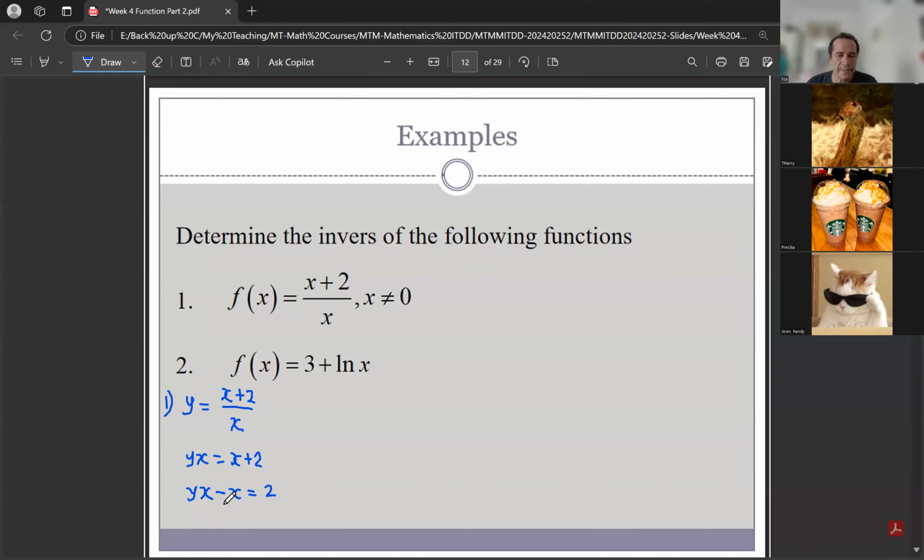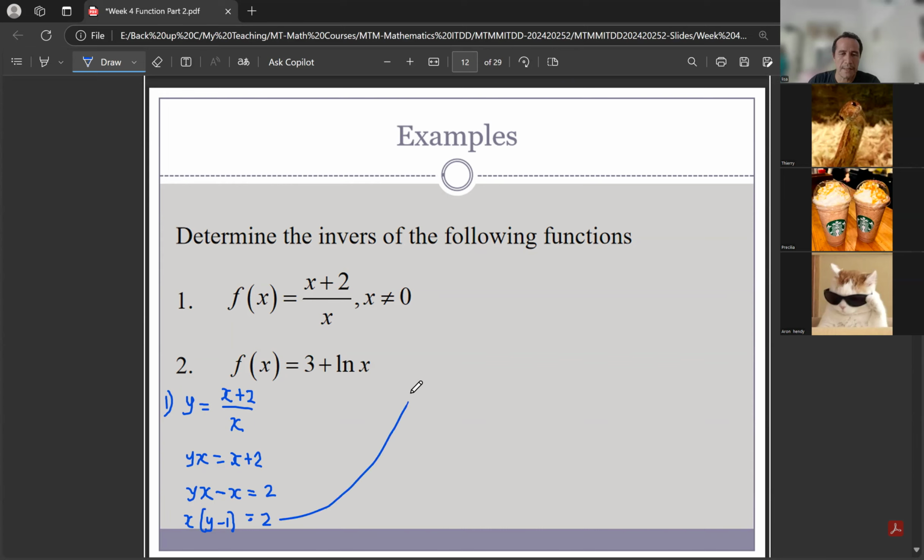So extract x in the front. We have x times y minus 1 is equal to 2. Okay, hope you can follow this step.